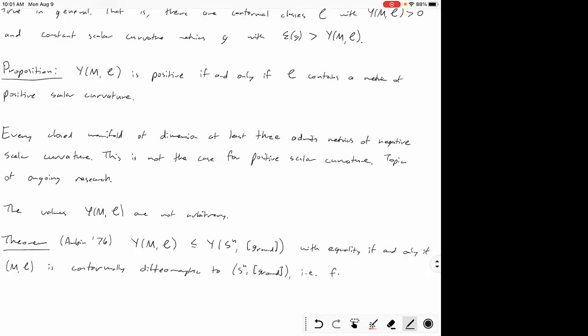Not only is there a diffeomorphism, but if you pull back the round metric, that takes you to the conformal class we're looking at. So not only is M a sphere, effectively the conformal class you're looking at is the one of the round metric, which uniquely determines the value. Everything else is strictly less.